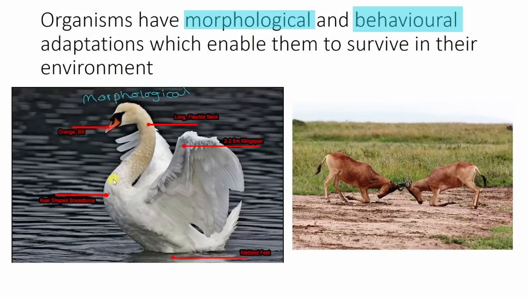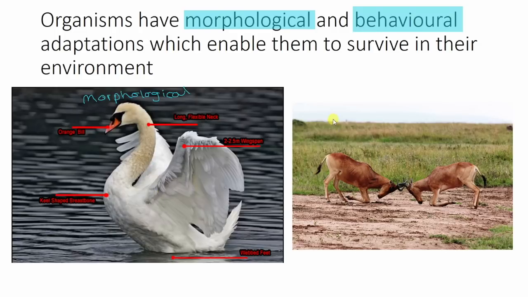So the keel-shaped breastbone here, they think it's to do with streamlining the swan so it can move fast through the water, just like the front of a boat does, where it's slightly angled. And the long wingspan for kind of puffing up itself to make it seem bigger than it is, and that comes across as a predatory thing. So it makes it seem like animals don't want to go near it to eat it or chance eating it.